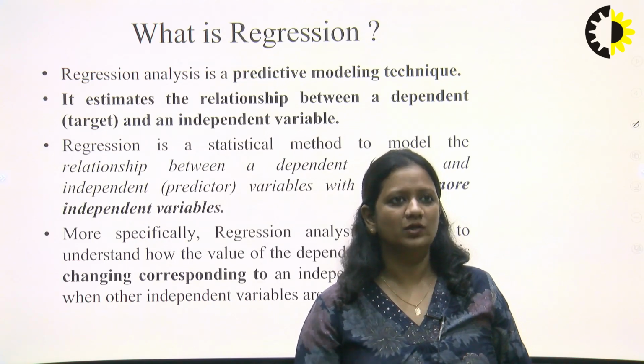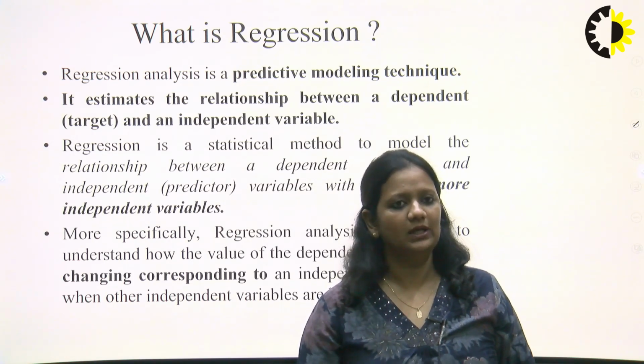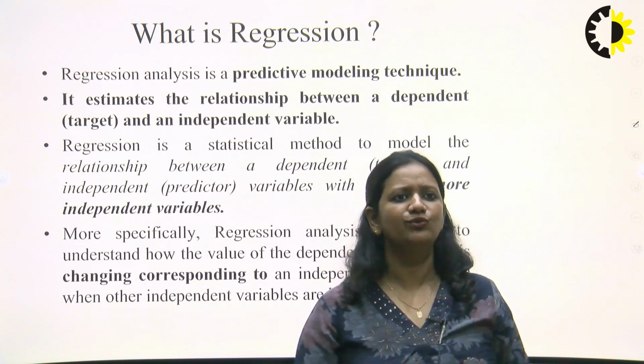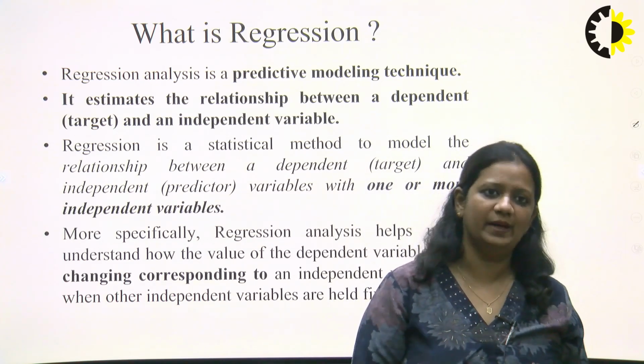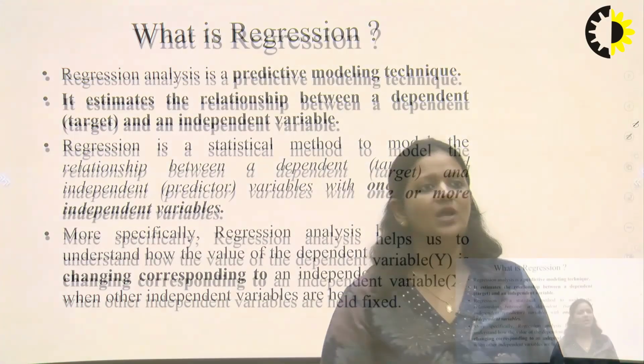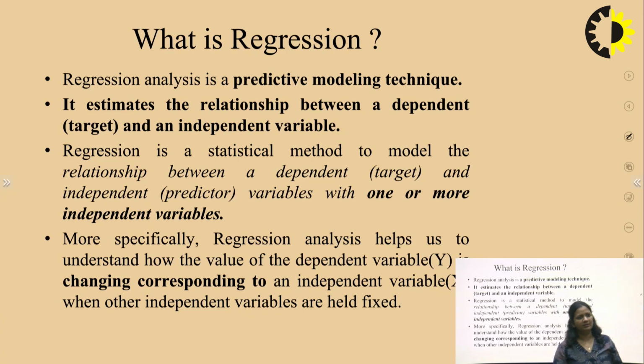So it's a concept in which the regression technique is applied, and we have to find the relationship between the dependent and independent variable. So regression is a statistical method to model the relationship between the dependent variable, or we can say the target variable or output variable, and the predictor variable.